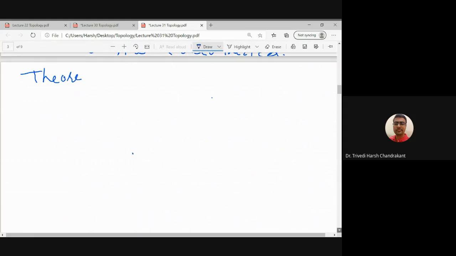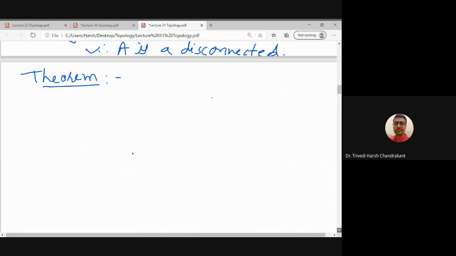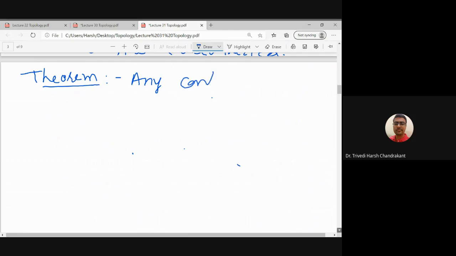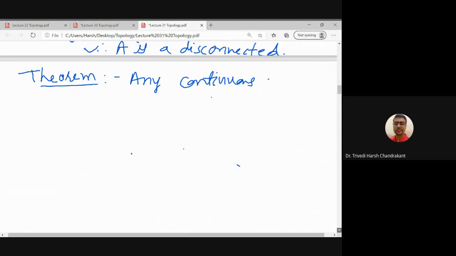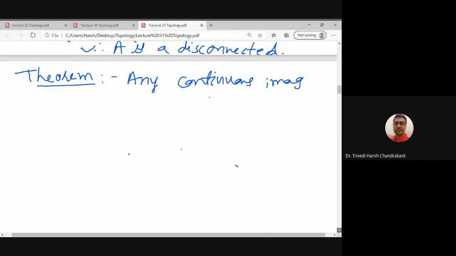So let us see two theorems which are very important to understand connectedness. So first is: any continuous image of a connected topological space is always connected.